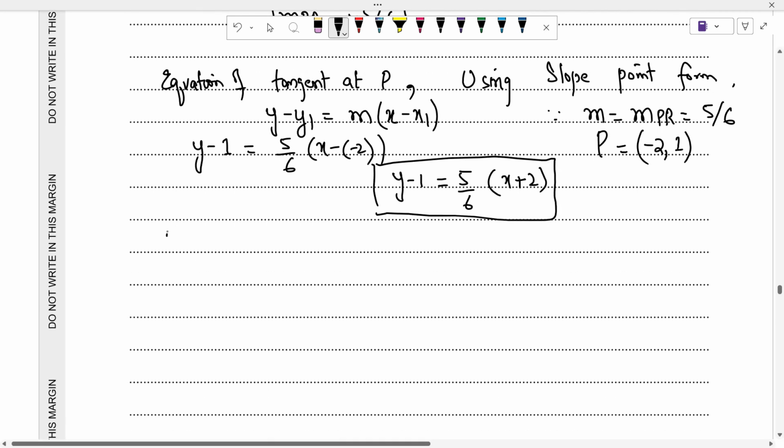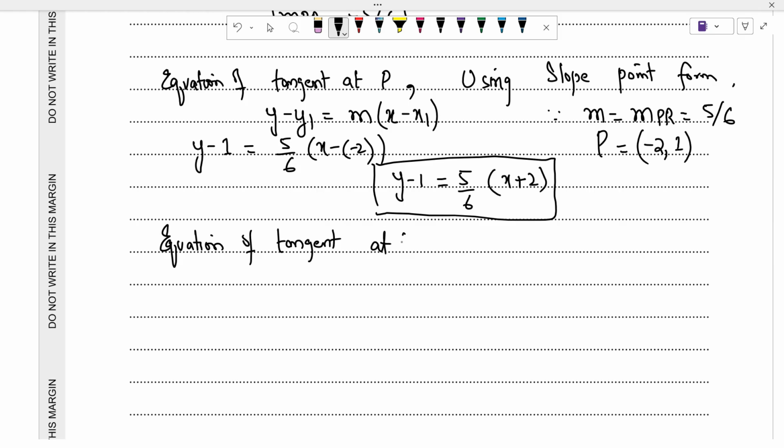Now the equation of the tangent at Q, using the slope point form, we will have y minus y1 equal to m times (x minus x1).